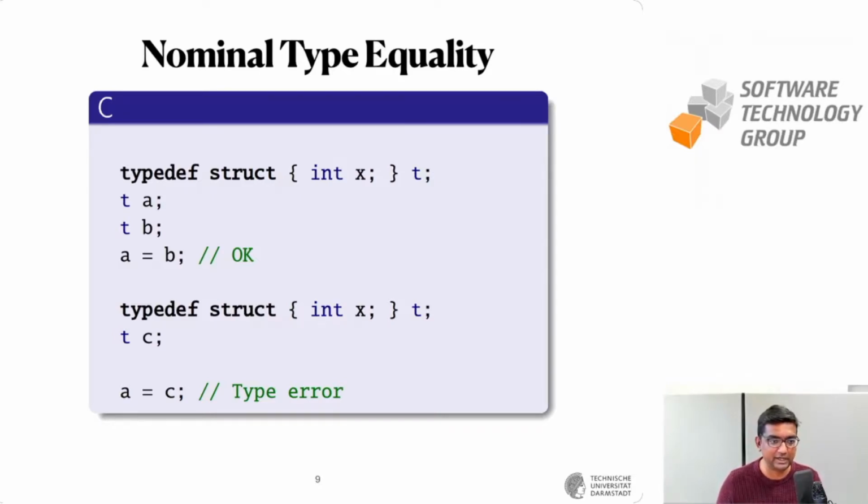There is a variable a of type t and a variable b of type t, and a and b, of course, are of the same type. Now we have again introduced a new type t with the same structure, but a and c would not type check, because internally C uses a different name for the first type t and the second type t.